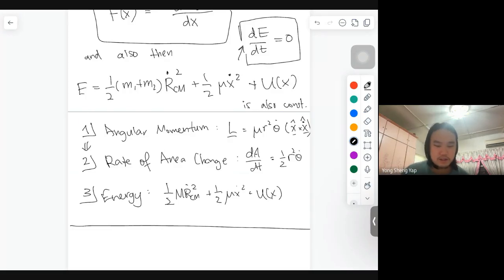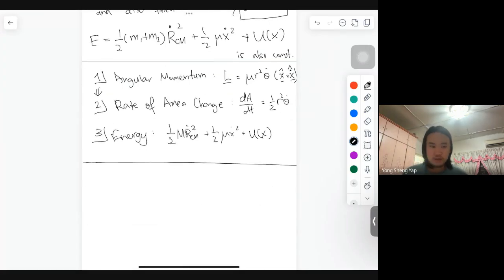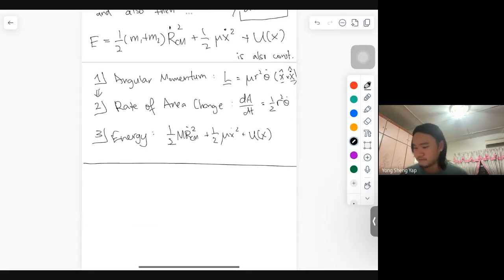Good. Now we have a better understanding about the entire system. We can try to actually solve the dynamics of the system. Remember that the reduced mass obeys the force law that looks like this.